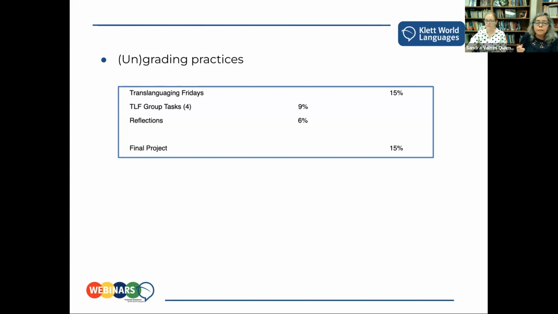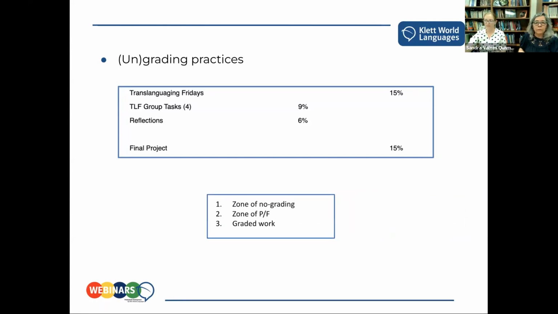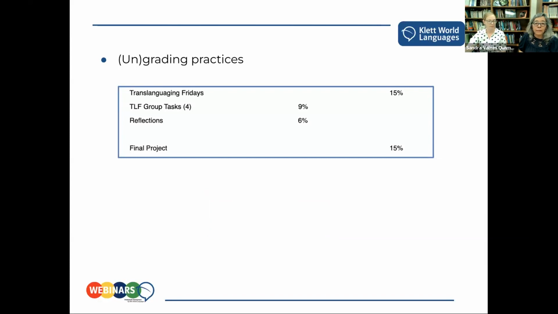And so we had reflections and we gave a percentage, but most of the work that they did was satisfactory or unsatisfactory. And so if they didn't do it, they didn't get the satisfactory. So it was like done or not done.